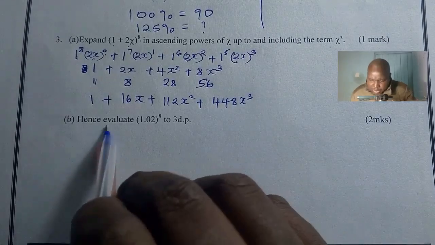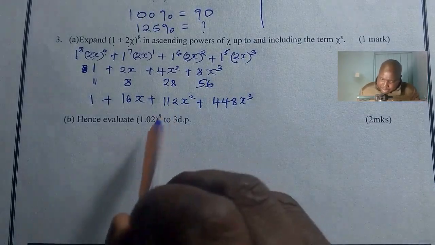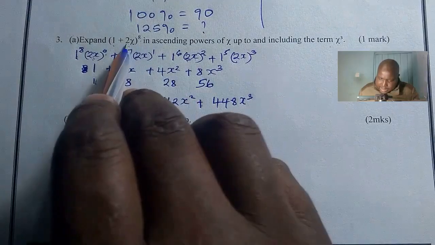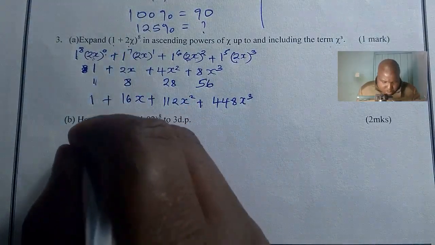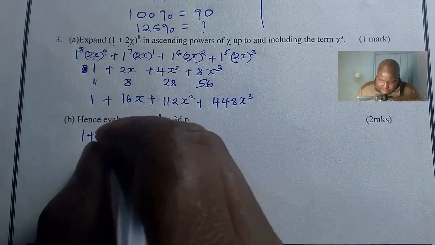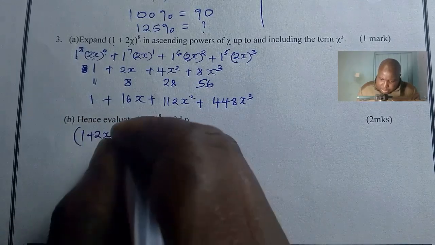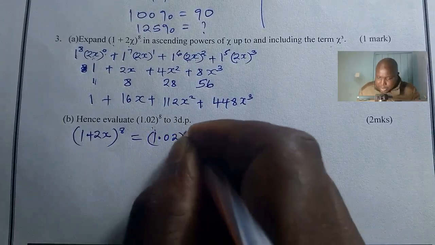Now let's use this expansion to evaluate this. First we need to get the value of x. Equate this and this. 1 plus 2x raised to power 8 is equal to 1.02 raised to power 8.